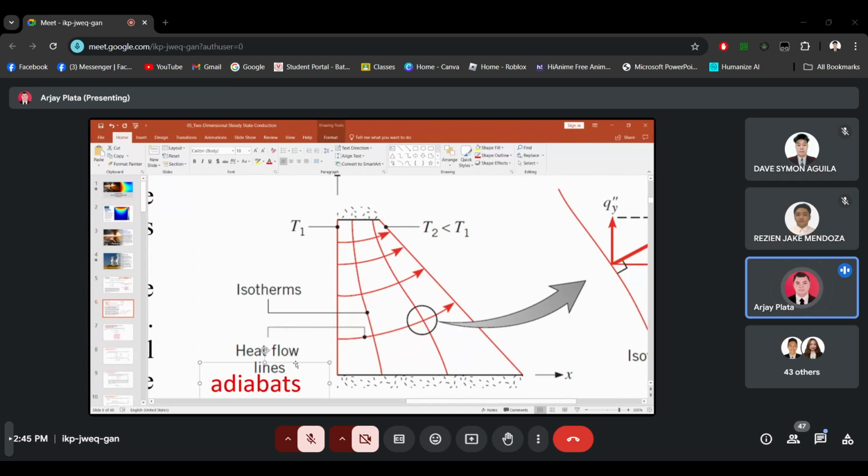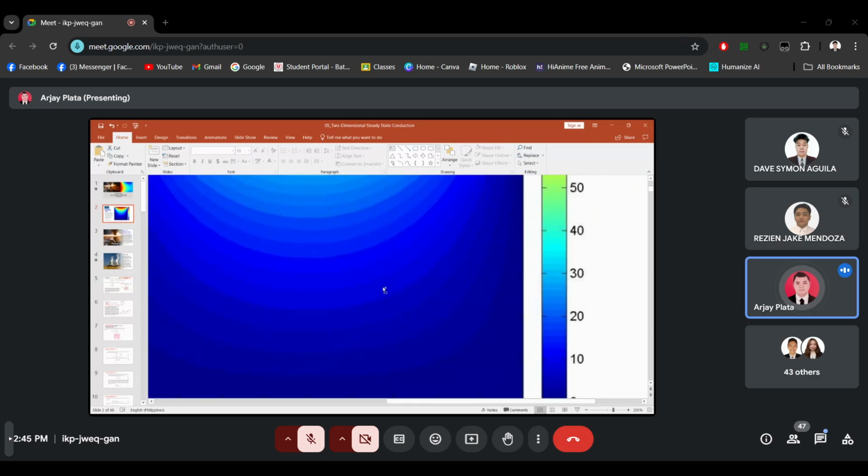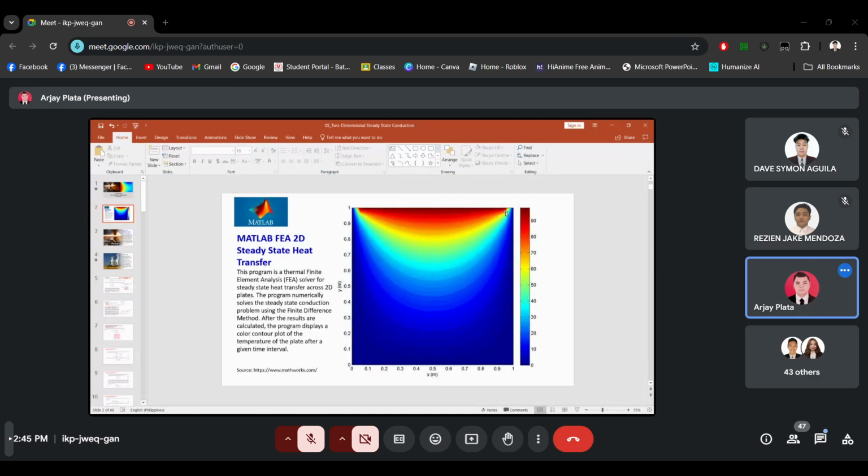While the other line, this vertical line going downward, is the isotherms. So these are the parts of our temperature contour plot. We have adiabats here and an isotherm going downward.